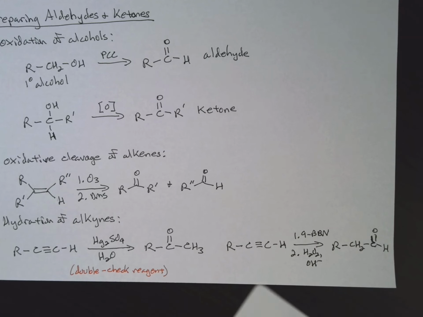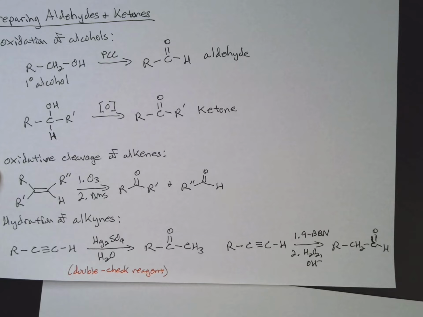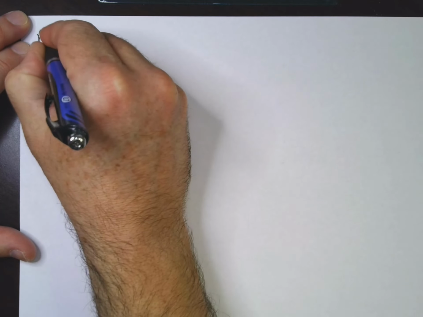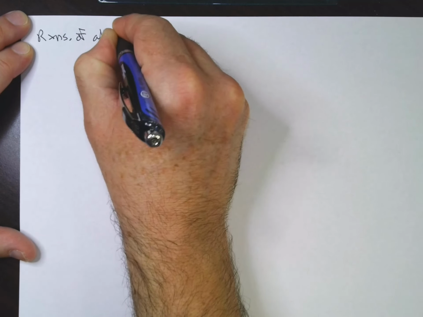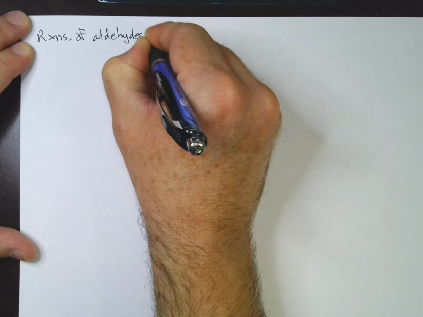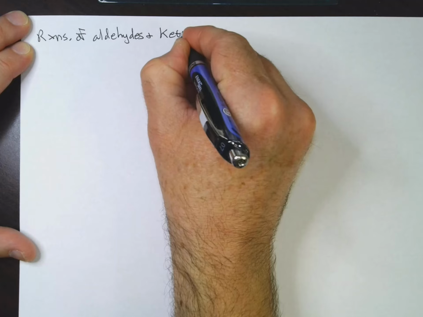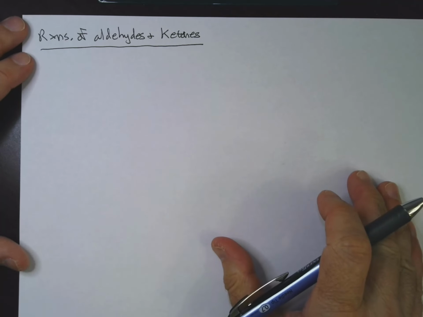We've also seen a couple types of reactions of aldehydes and ketones. These other ones involve them as products.